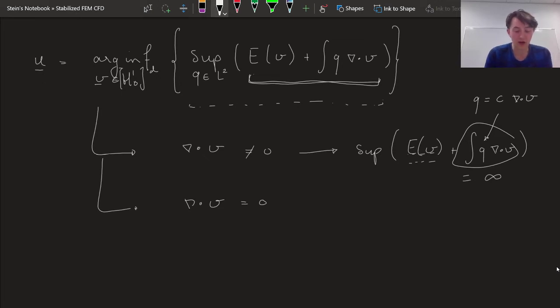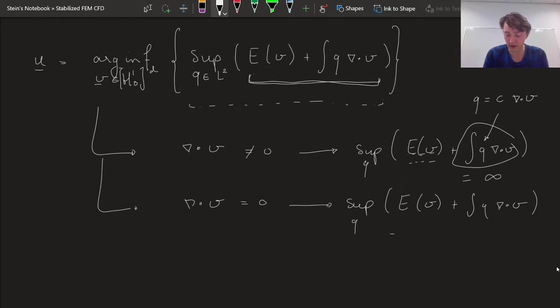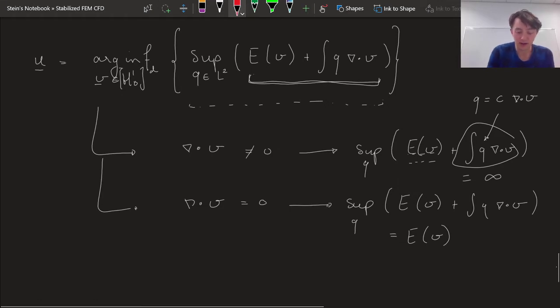For every function that is divergence-free, the supremum of E of v plus q times the divergence of v is simply going to be, well, E of v. So clearly, if I now run over all my possible functions v, then all of the non-divergence-free ones are immediately excluded because they give me infinite values, and that's never going to be the infimum.